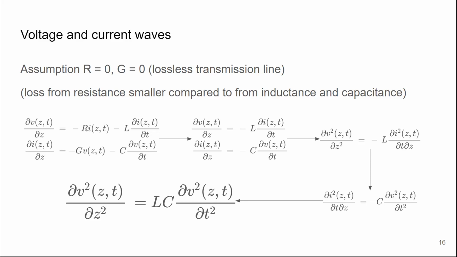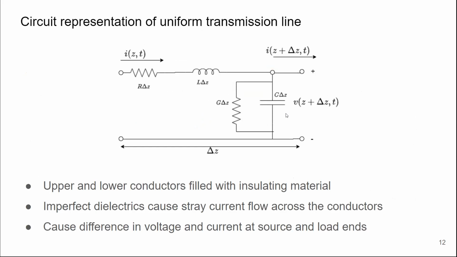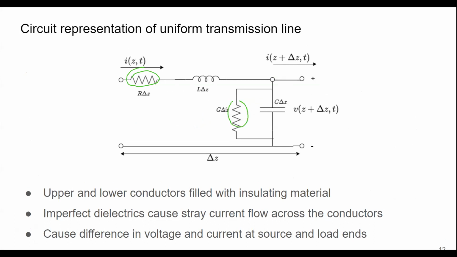So the dielectric medium is almost perfect. In that case, we can assume that R is equal to 0 and G is equal to 0, right? In the circuit diagram that we considered, here we have the R, the resistor, and the parallel resistor, these two components.